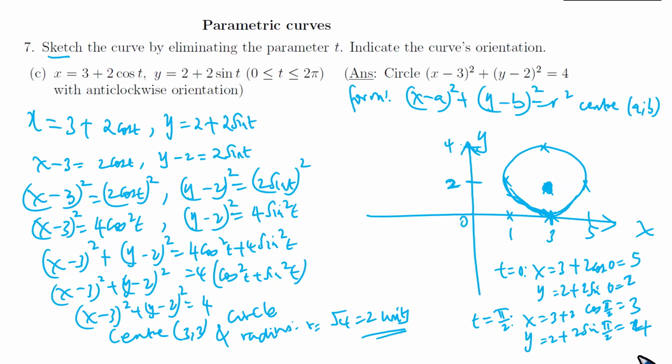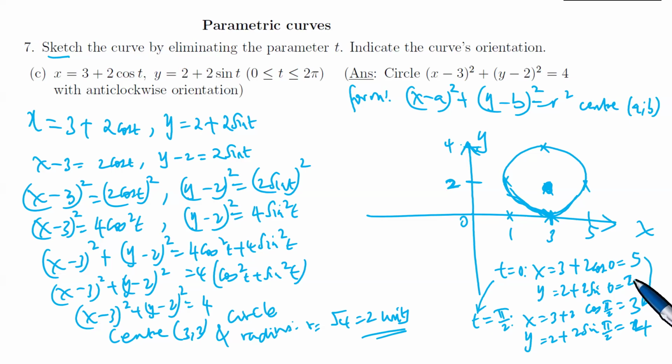So you then be able to get the following. What happens to x? X was 5 before, but now x became 3. So you can see a decrease in the x because x was 5, but it became 3. So as t was increasing from 0 to pi over 2, x was decreasing.